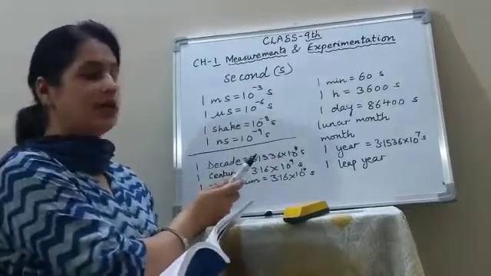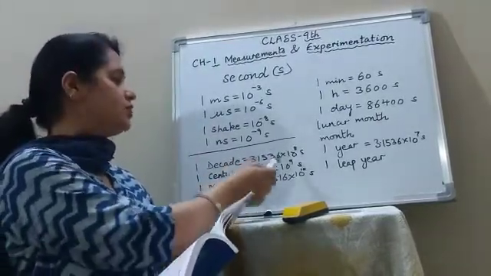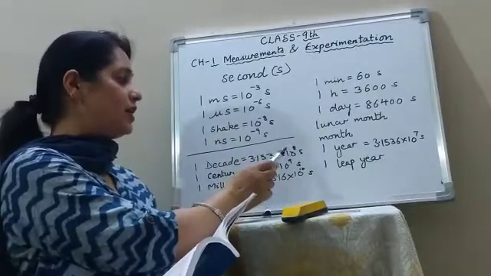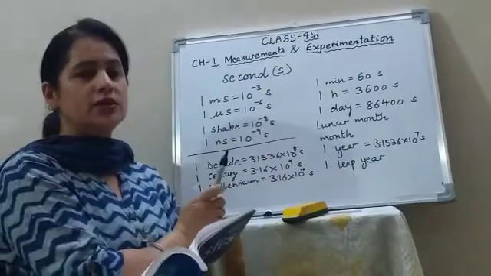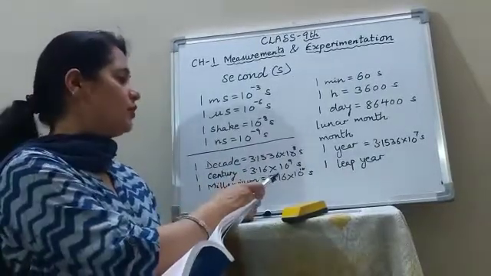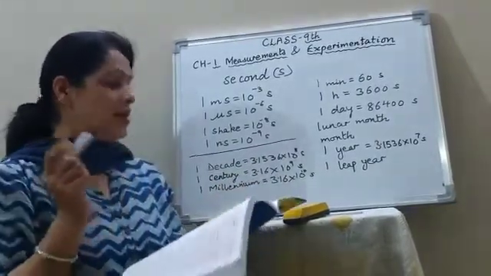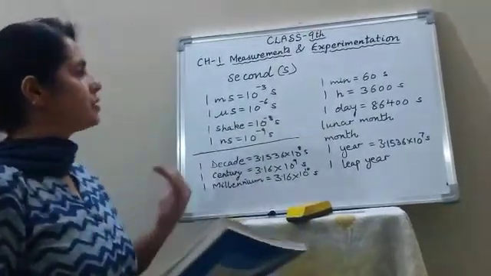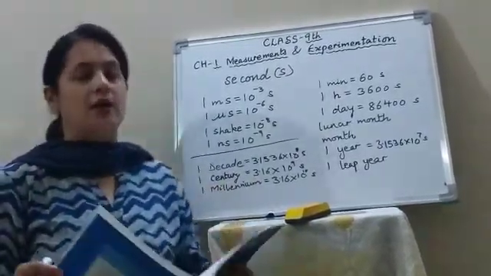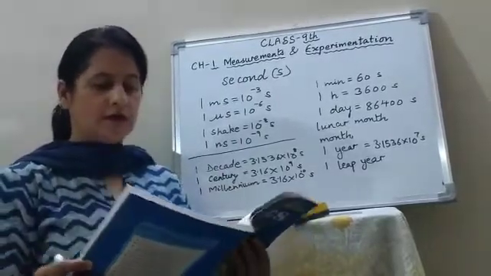Century means 100 years, 3.16 into 10 to the power 9 seconds. And 1 millennium means 1000 years, that means 3.16 into 10 to the power 10 seconds. So these are the smaller units and bigger units of time.